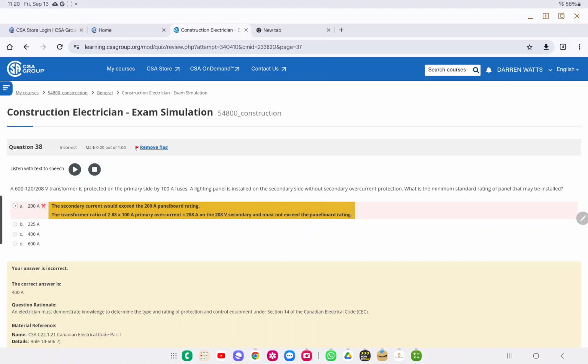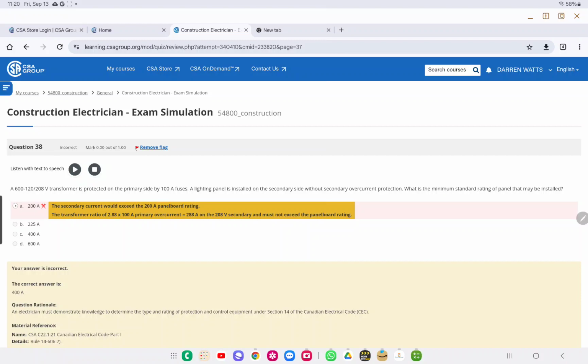So now we have a ratio of 2.88 to 1. We're now going to multiply the protection on the primary side, which is 100 amps, by 2.88, and we're going to get 288 amps.